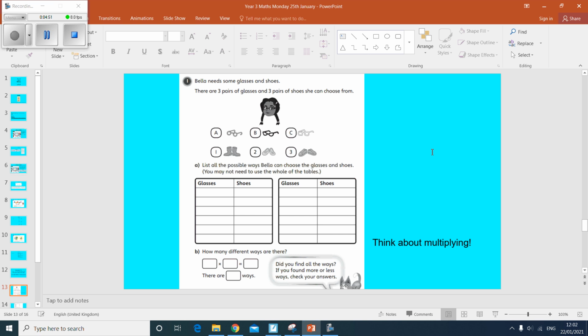So in A, it's just telling you to list them in these charts, and again, you may not need to use all of those tables. So just have a go at that one. Think about multiplying. And then B, how many different ways are there? So that's the calculation.